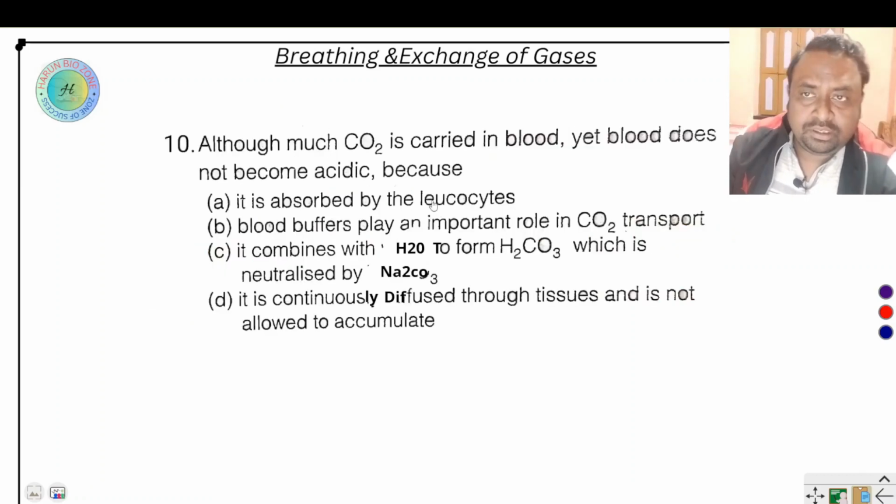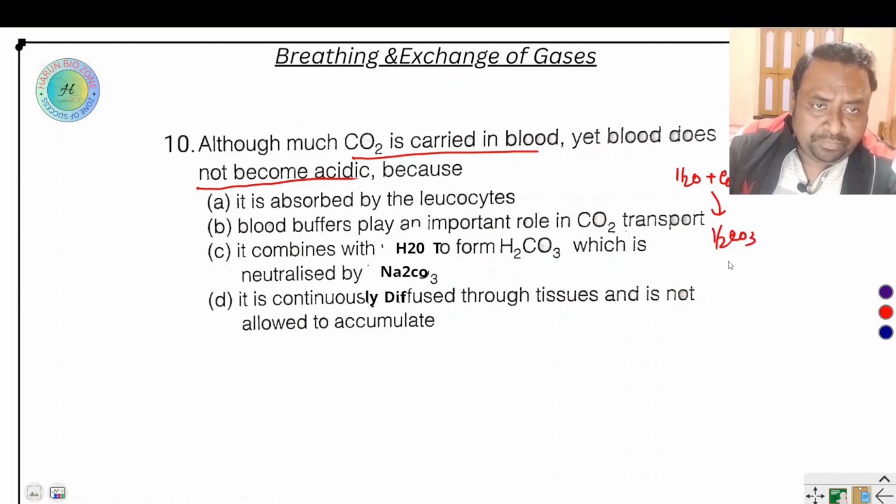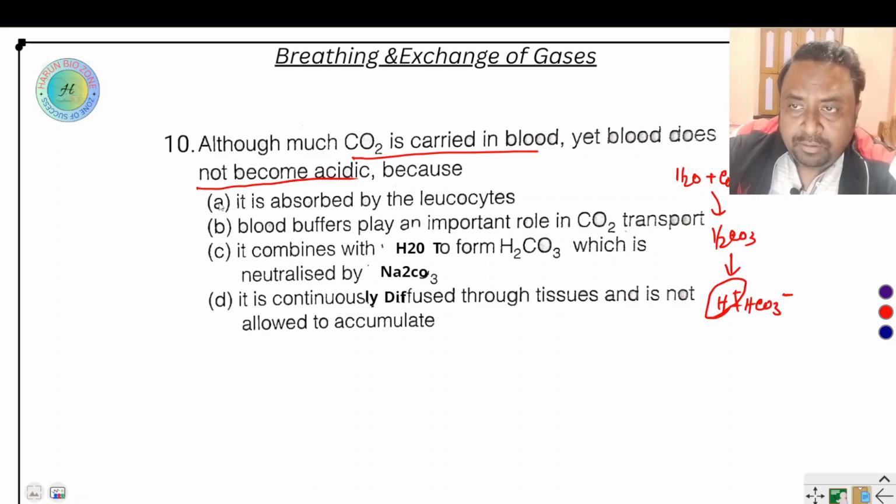Next question: although much CO2 is carried in blood, yet blood does not become acidic. Why? Because H2O combines with CO2 to produce H2CO3 that breaks down into H plus and HCO3 minus. So the blood could become acidic, but why does it not occur? Blood buffers play an important role.